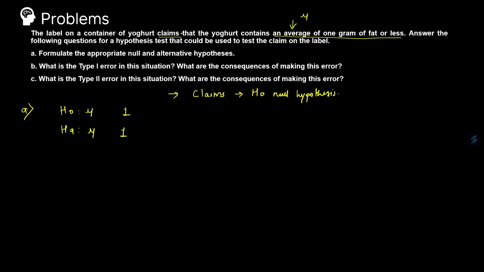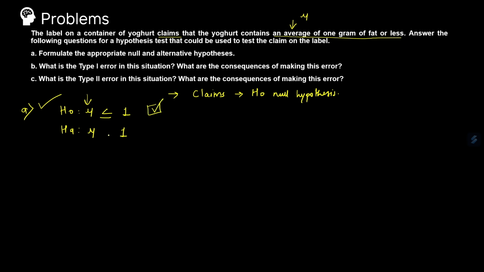So the claim is that an average of 1 gram of fat or less. This is how the null hypothesis will become: an average of 1 gram or less. So our null hypothesis is formed.